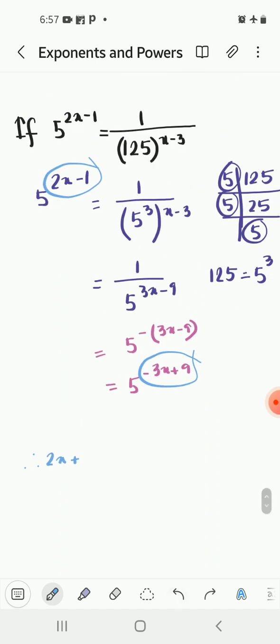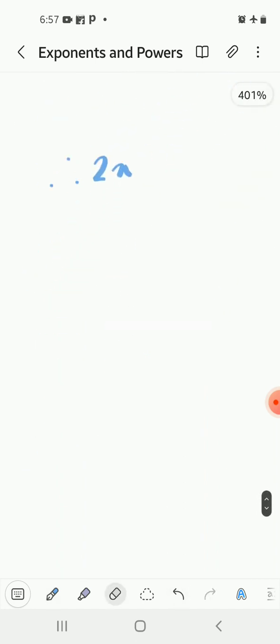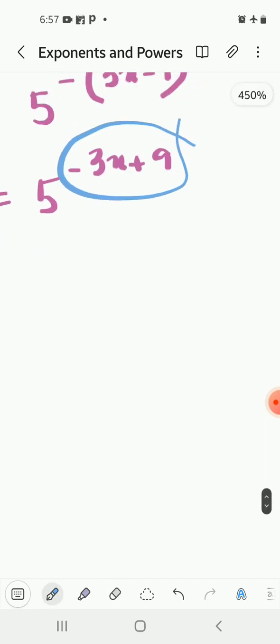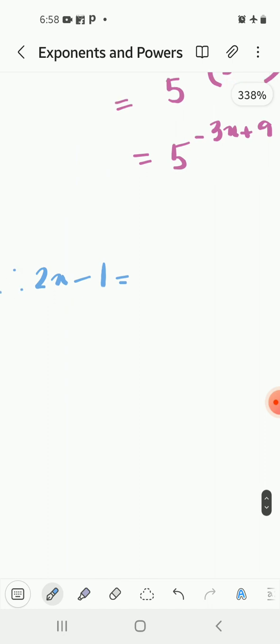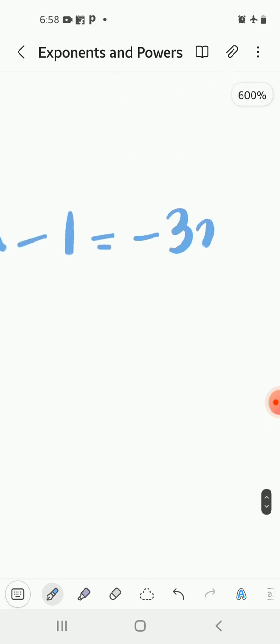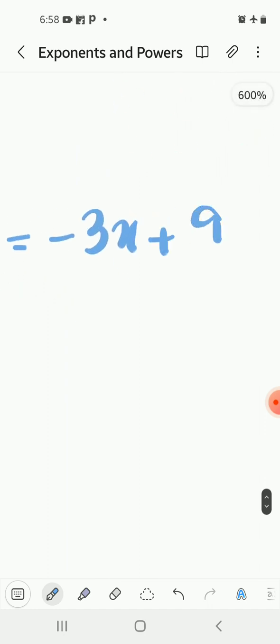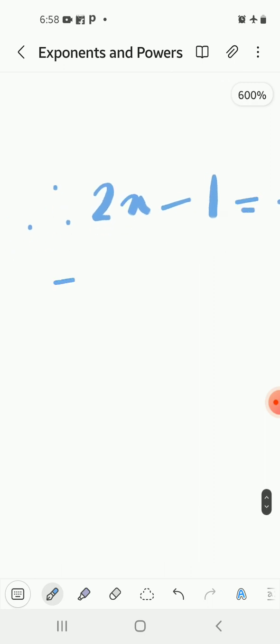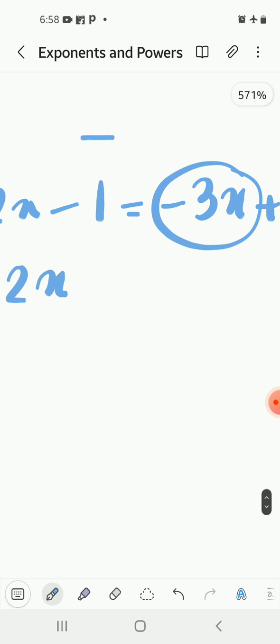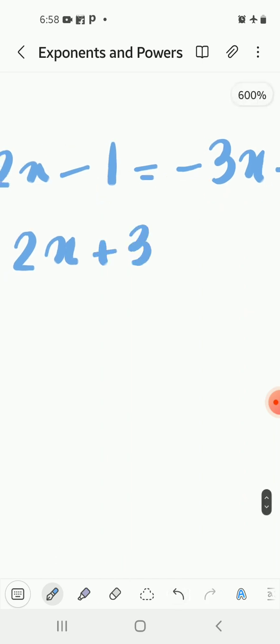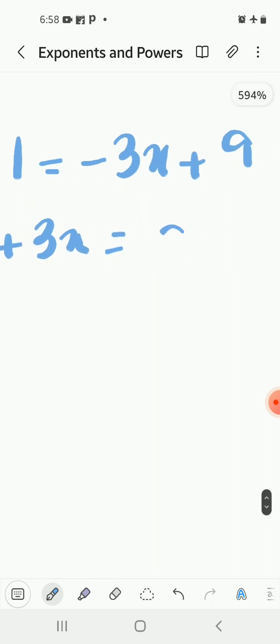No, it's not plus 1, it is minus 1. 2x minus 1 is equal to, see this side, minus 3x plus 9. Now, x is on one side, on the left hand side, so 2x. If we bring minus 3x to the other side, the minus becomes plus 3x is equal to 9 already here.